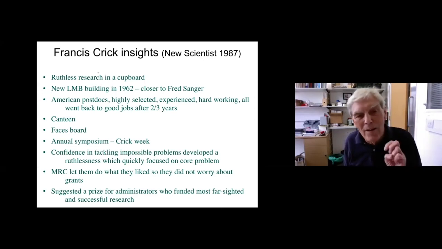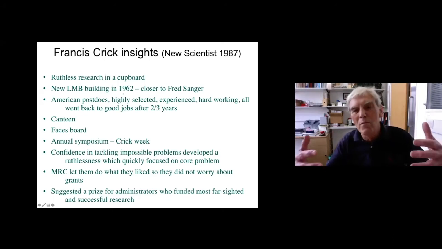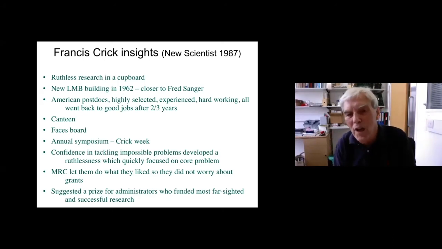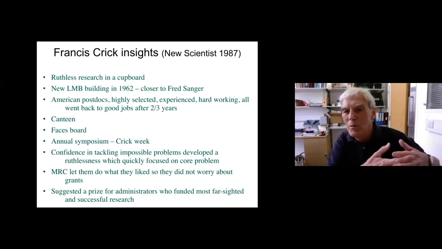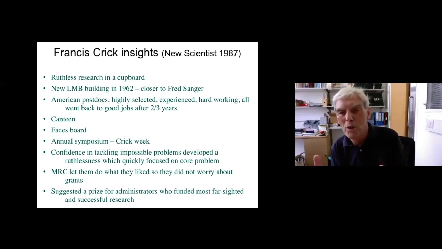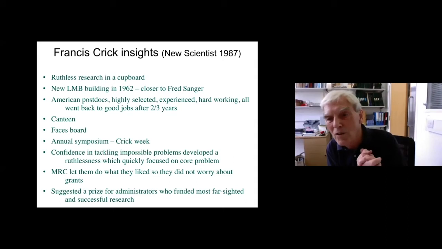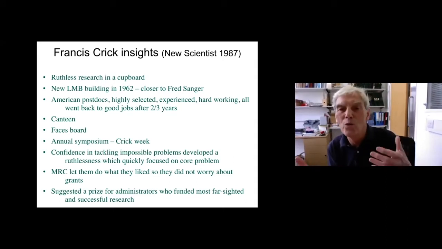And the concept of the new building was to bring people with wider disciplines together. So for example, Fred Sanger and his colleagues from the biochemistry department in Cambridge were then being merged with Perutz, Kendrew, Crick, and so on from the physics department. They also recruited people from outside, from London. So Aaron Klug and Hugh Huxley came from London.